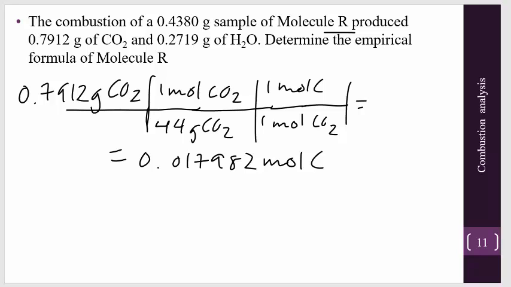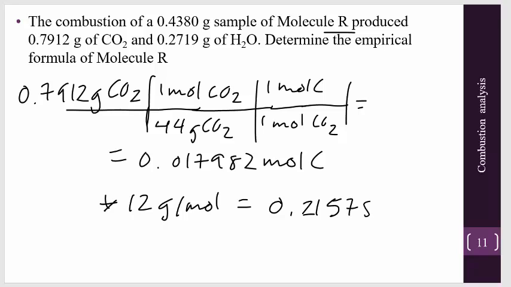Then we need to know something about the grams as well. So we're going to multiply that by 12 grams per mole of carbon, again rounding just a little bit, to give us this 0.21578 grams of carbon. So that's moles of carbon and grams of carbon in that original sample that was combusted.